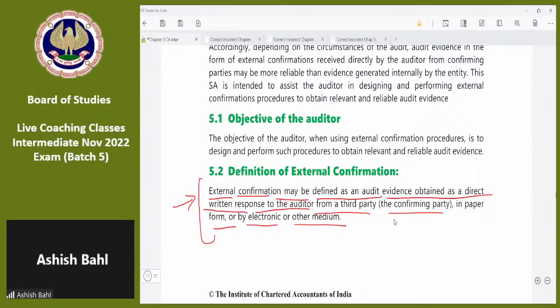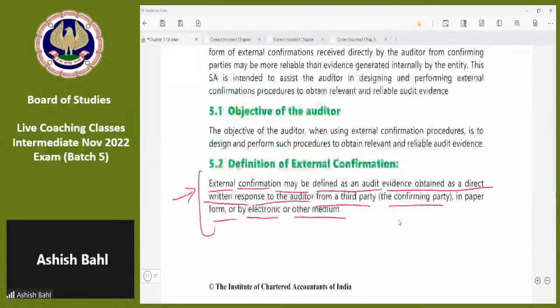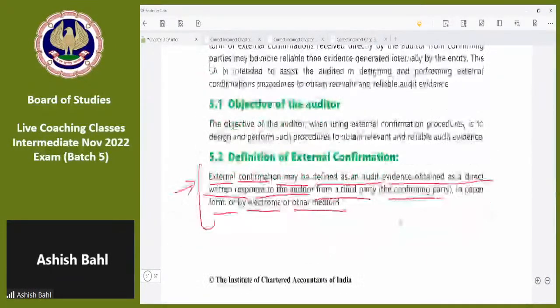It is a direct written response from the third party, the confirming party, in paper form or in electronic form, to the request which has been sent by the auditor. So is the definition clear, students? External confirmation.